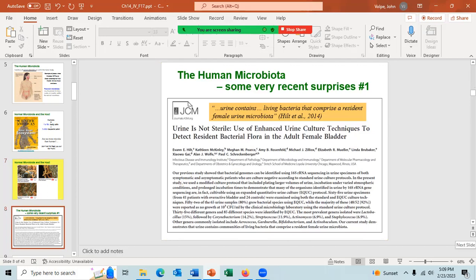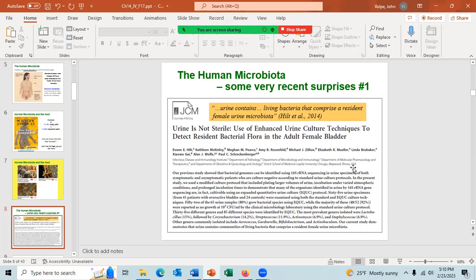We found microbiota in some surprising places fairly recently. This is not so recent, 2014, so about 15 years ago now. They thought that the bladder was normally sterile and that there weren't microbes in it. But they've discovered that in female bladders, there is a normal microbiota.